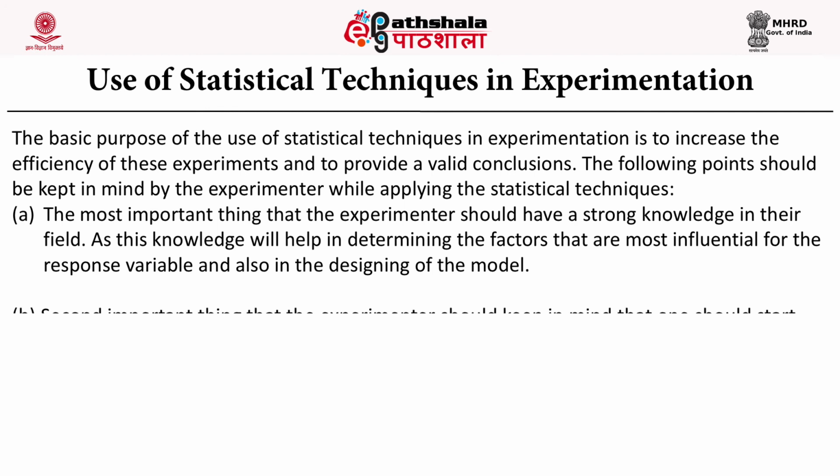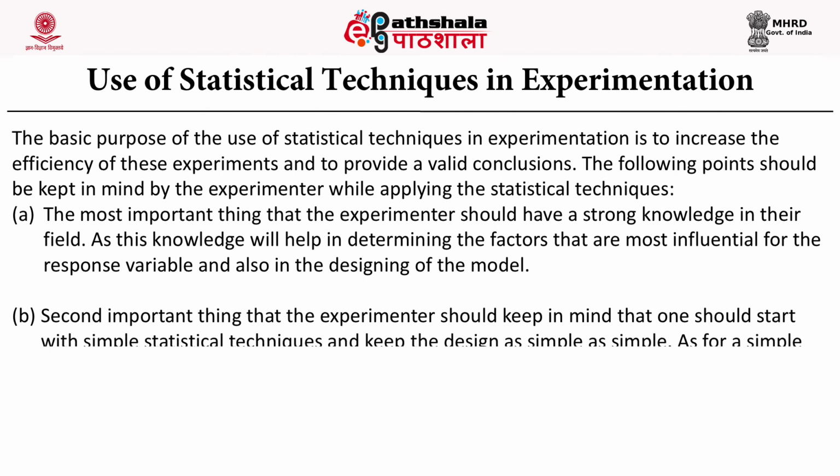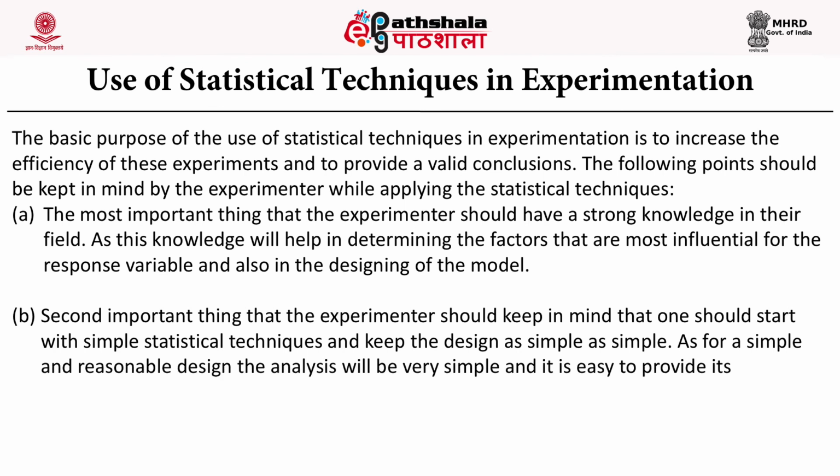The most important thing is that the experimenter should have strong knowledge in their field, as this knowledge will help in determining the factors that are most influential for the response variable and also in designing the model. The second important thing is that one should start with simple statistical techniques and keep the design as simple as possible, as for a simple and reasonable design the analysis will be very simple and it is easy to provide its interpretation.